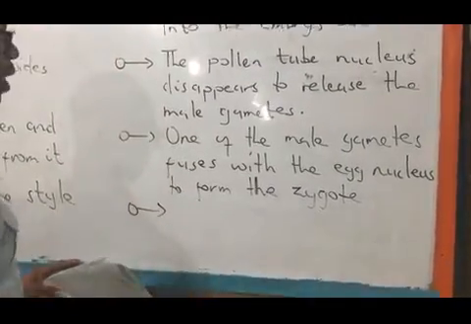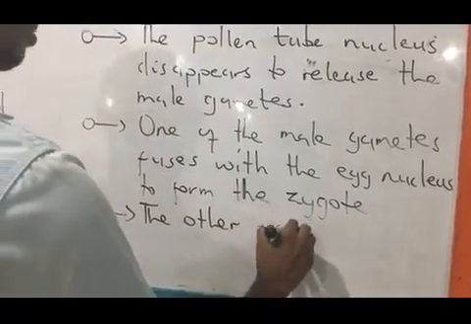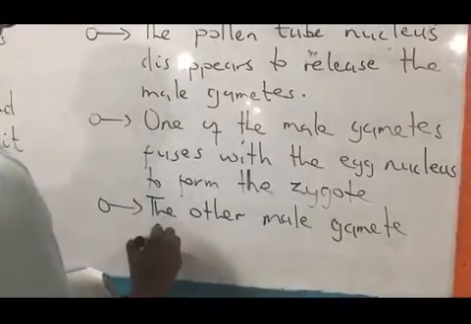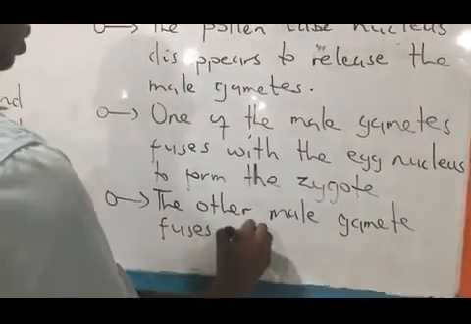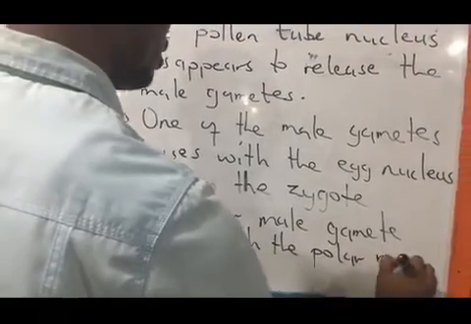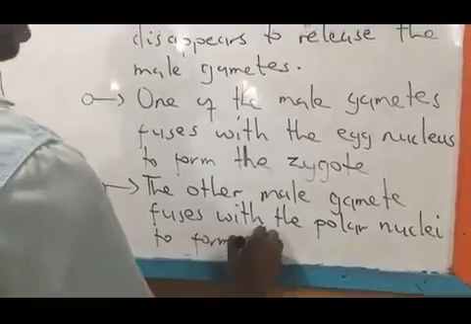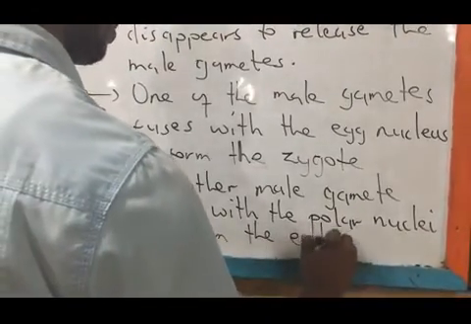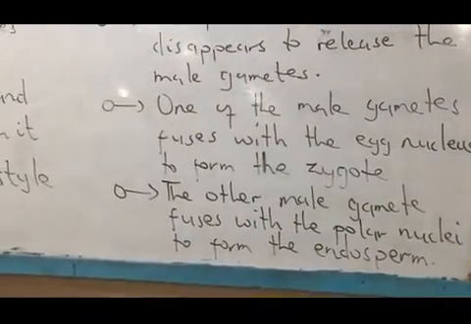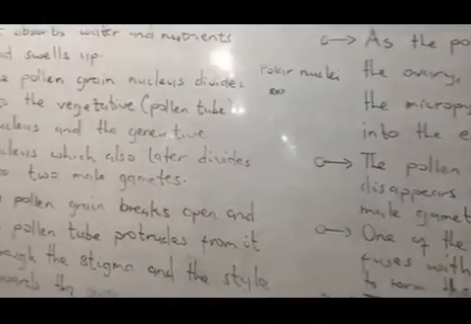The zygote develops into the embryo. And the other male gamete fuses with the polar nuclei to form the endosperm. Okay, so this is the entire process of fertilization in flowering plants.